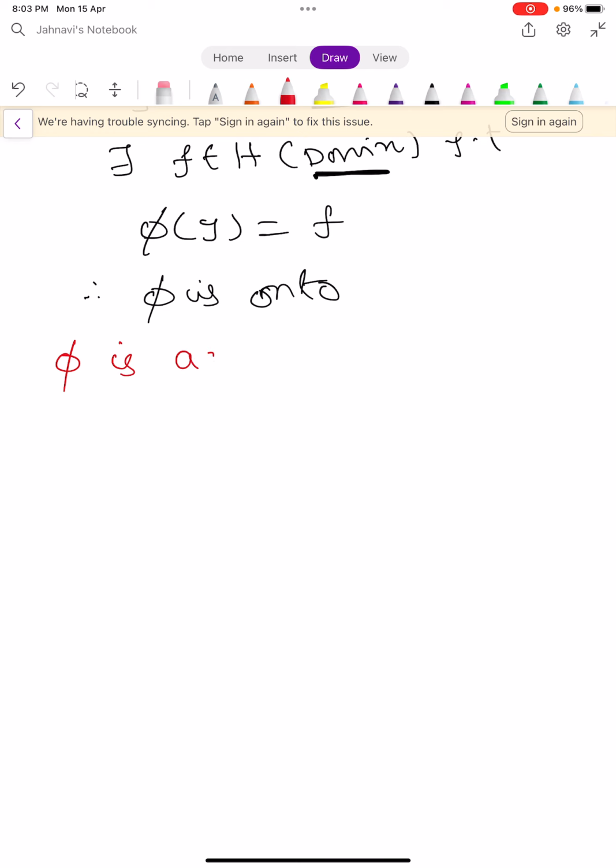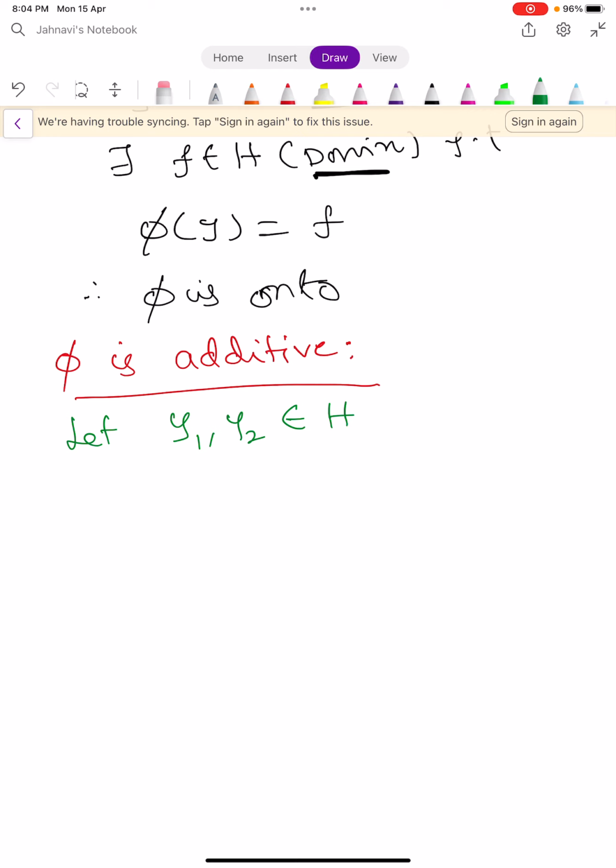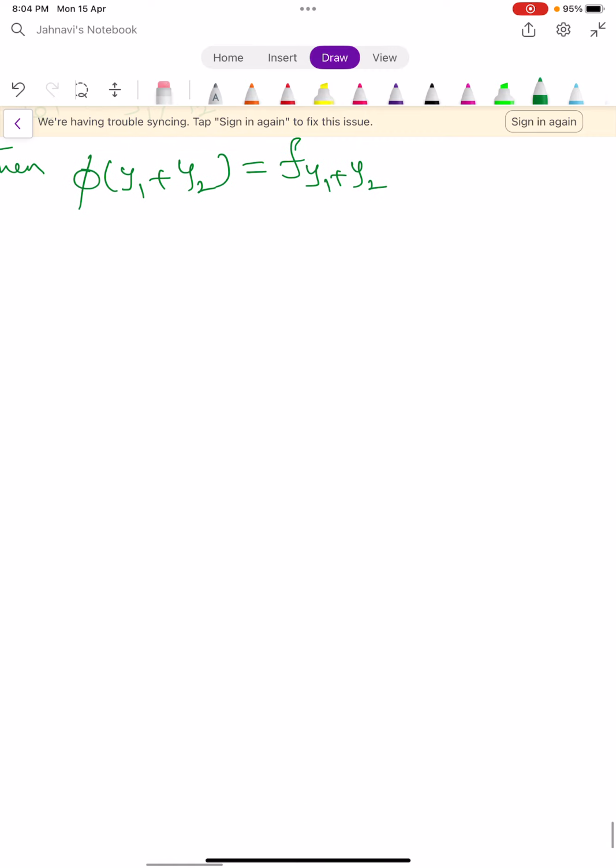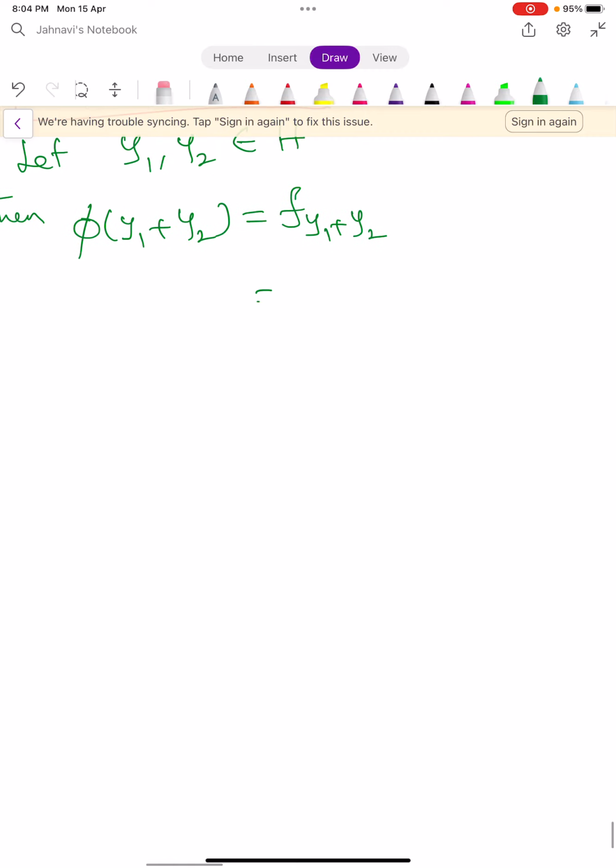Now, we are going to prove that pi is additive. To prove that pi is additive, again let us choose two elements y1, y2 belongs to capital H. Then pi of y1 plus y2 is equal to f of y1 plus y2. Again, this can be written as f of y1 plus y2 of x, which is the inner product of x comma y1 plus y2.